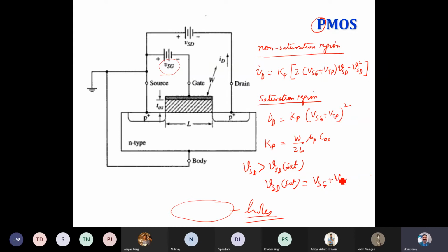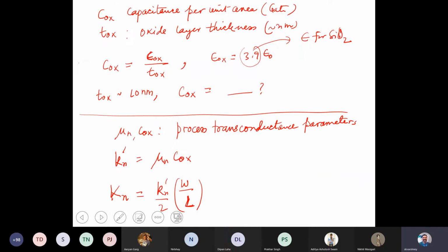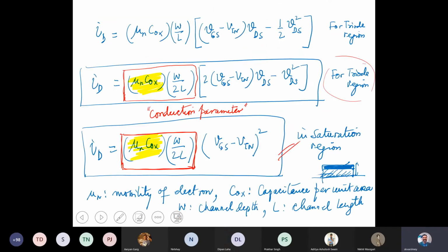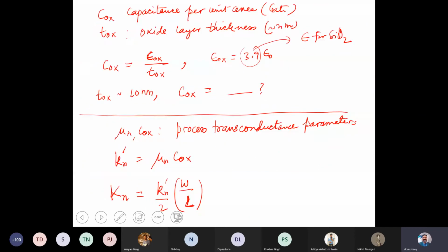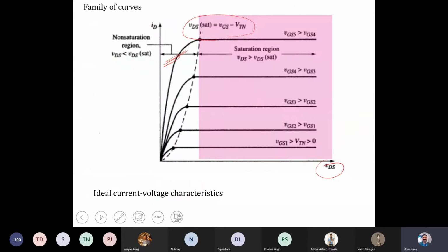This threshold voltage VTP is actually negative in case of PMOS. So VSD saturation becomes VSG minus the magnitude of VTP. For NMOS we have the same equation, where VTN is positive, greater than 0, whereas in case of the PMOS, VTP is less than 0, right?